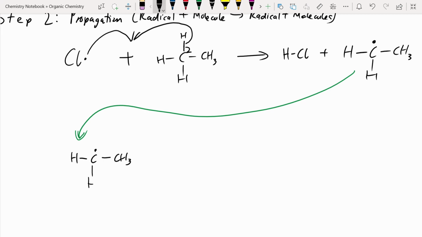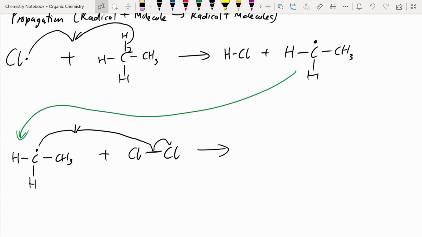So chlorine, right here, one bonding electron goes to one of the chlorine atoms, and another bonding electron of chlorine will go to the radical, and in this case it will help to form chloroethane.